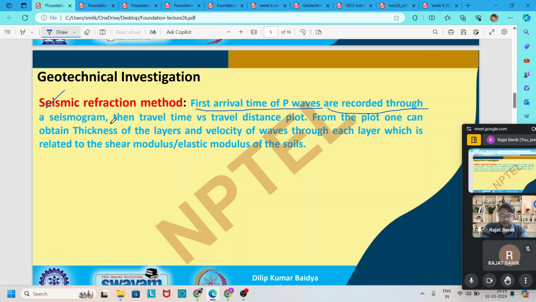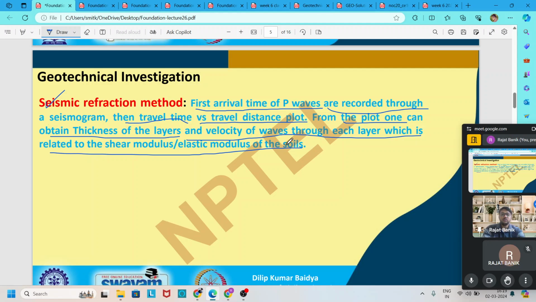Then a travel time versus travel distance plot is drawn. From this plot, one can obtain the thickness of the layer and the velocity of waves through each layer, which is related to the shear modulus and elastic modulus of the soil. So by the seismic reflection method, we record the first arrival time of the P wave for different locations by a seismogram, and after that we plot time versus distance.